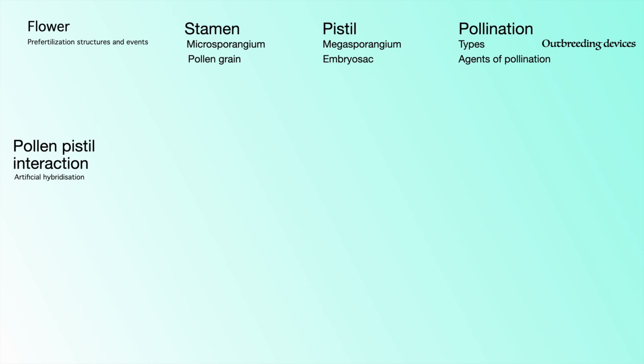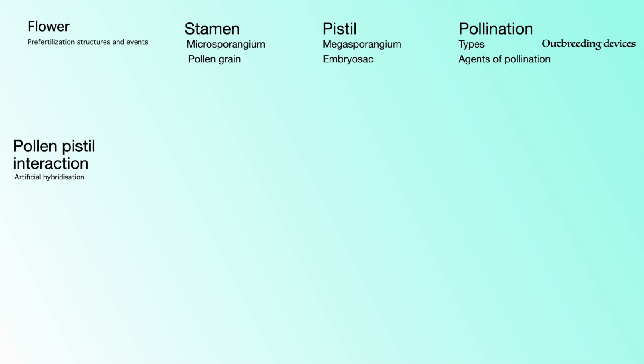So here, the pistil has an ability to identify which is a right pollen and which is a wrong pollen. This occurs due to continuous interaction between chemical components of the pollen and the pistil.